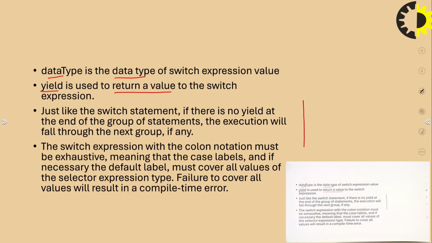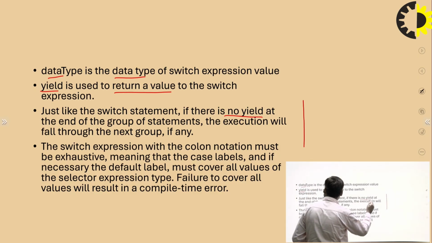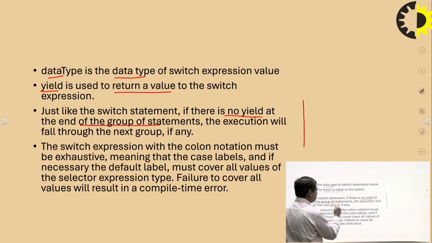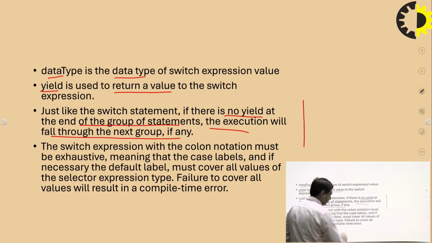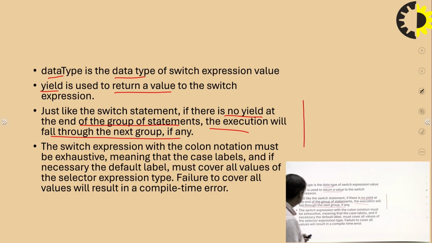Now there is another part: if there is no yield at the end of the group of statements, then execution will fall through to the next group, if any. Here it is similar to the break statement. If you do not use break, it will execute the particular case as well as the next case also. So it is mandatory to use the yield statement, or at least a recommendation, we can say.